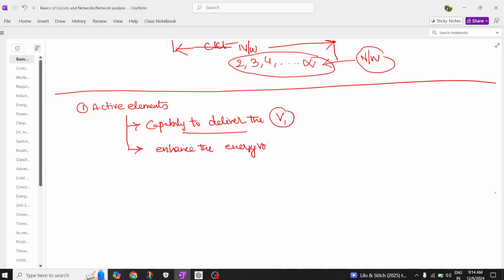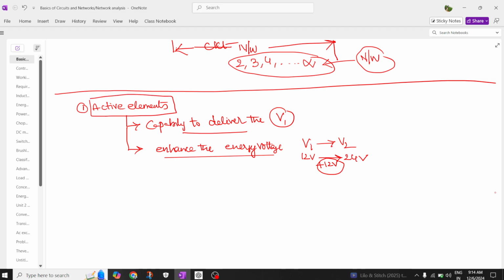Indirectly, what I want to say is this can increase the voltage level from V1 to V2. For example, it's like an amplifier. Here I have 12 volts and this voltage is enhanced to 24 volts. Here you can see an additional voltage increment of 12 volts. This is called enhancement of voltage, and this is called delivery of voltage. These kinds of elements are called active elements.